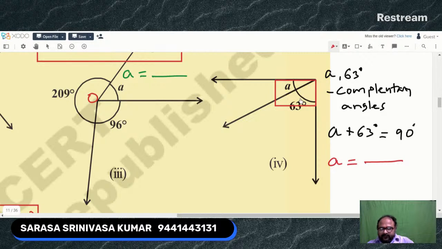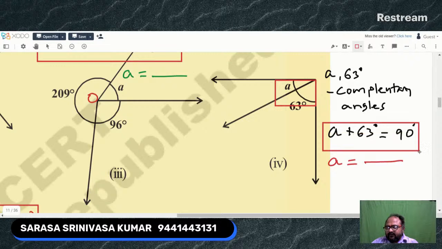Angle A and 63 degrees form 90 degrees. The sum of the two angles is equal to 90 degrees, and hence the two angles are complementary angles. Since the two angles are complementary angles, we can write angle A plus 63 degrees equals 90 degrees. From this, you can find the value of A.